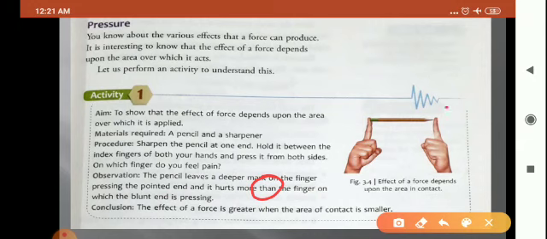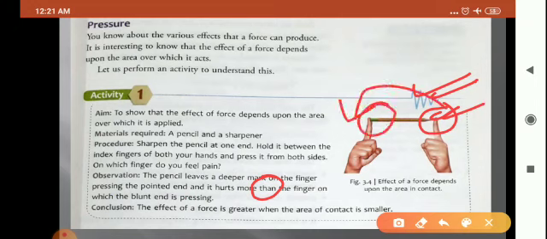Means the side where the pointed tip of the pencil is, you will get more hurt or a deeper mark by the pencil as compared to this blunt side.